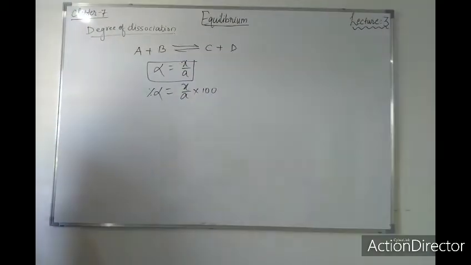So if anybody asks you what are x, a, alpha: this alpha is the degree of dissociation, x is the number of dissociated moles, and a is the initial number of moles.